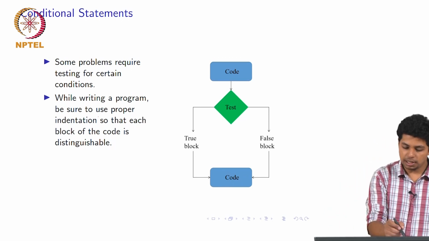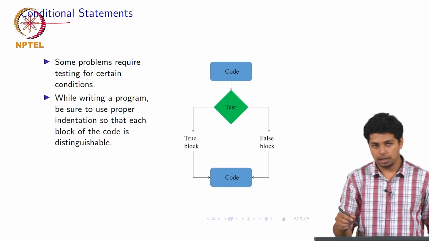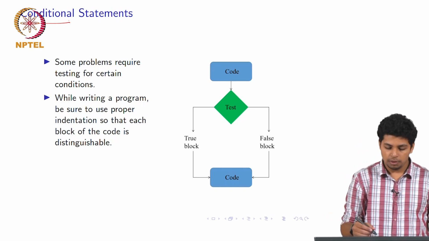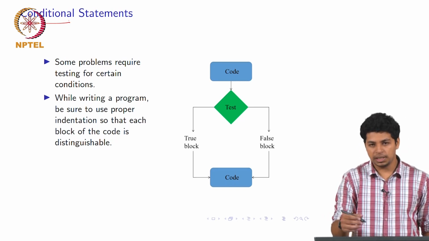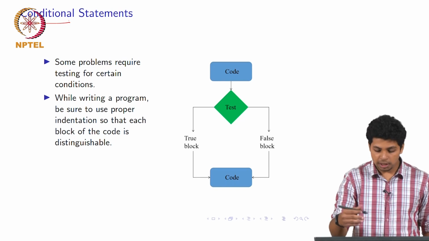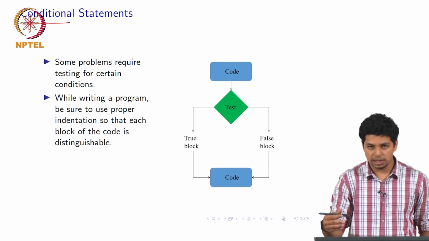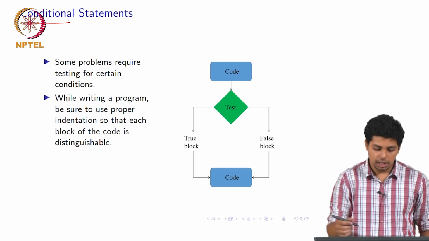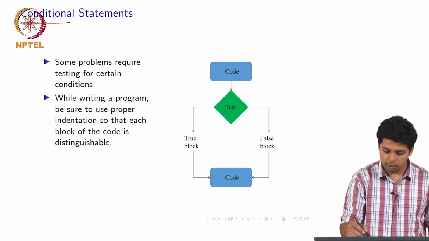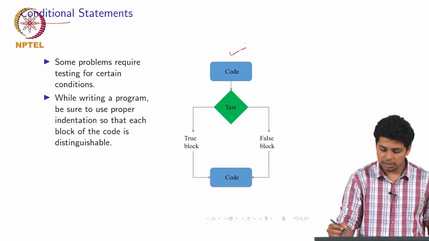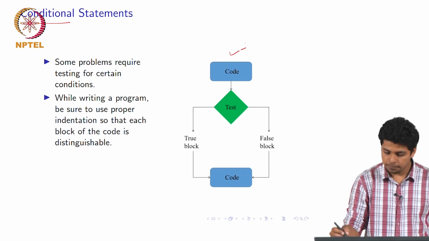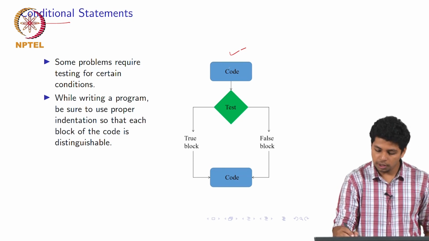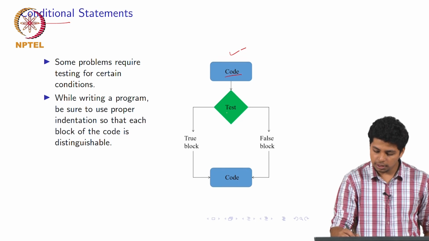Conditional statements will be used very often in advanced programming. We might require to test our code or inputs, whether or not they satisfy some particular conditions in order to run some statements. So this is the flow chart of what conditional statements in MATLAB look like. There is a piece of code which is executed, then there is a test.